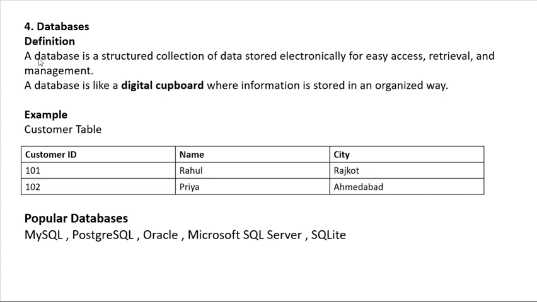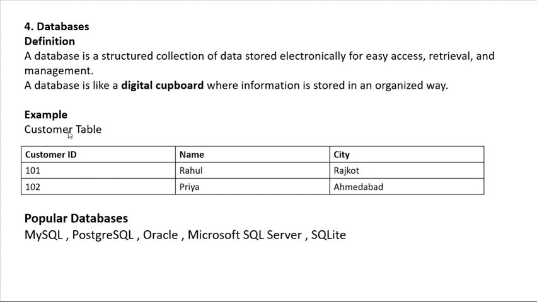Fourth is the database. A database is a structured collection of data stored electronically for easy access, retrieval, and management. A database is like a digital cupboard where information is stored in an organized way.